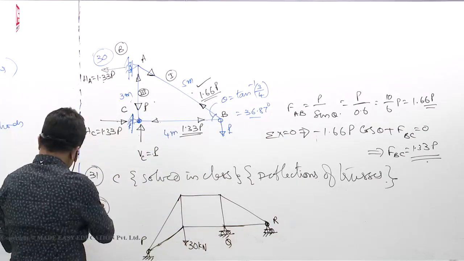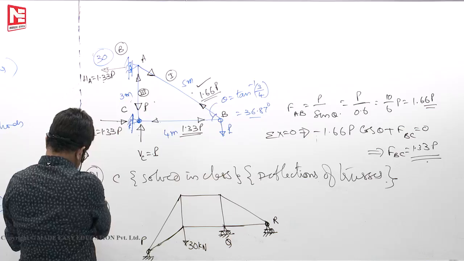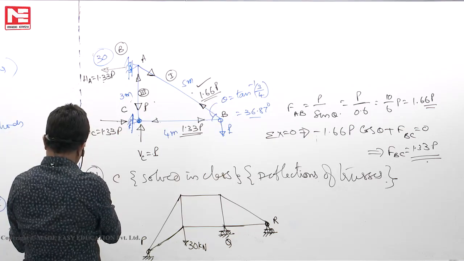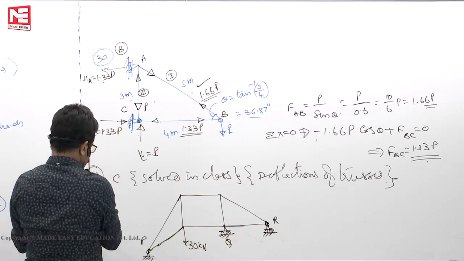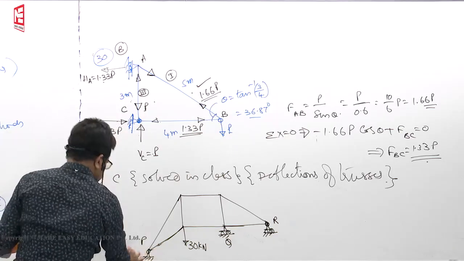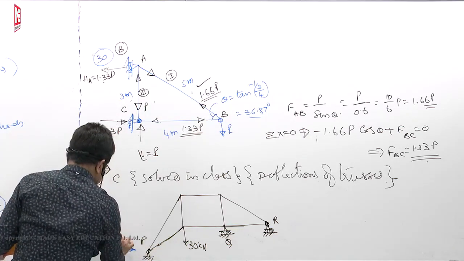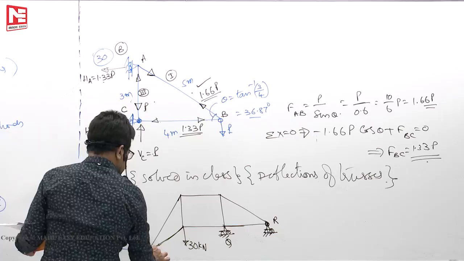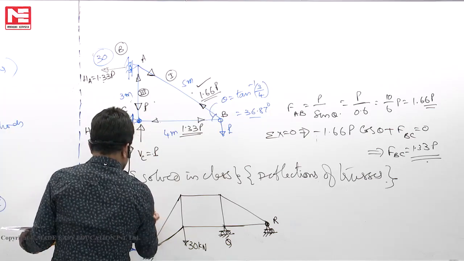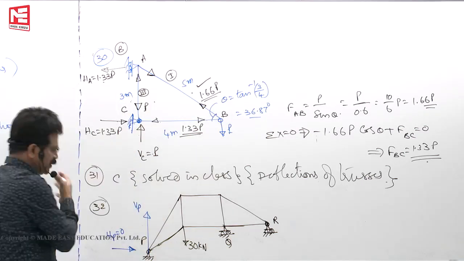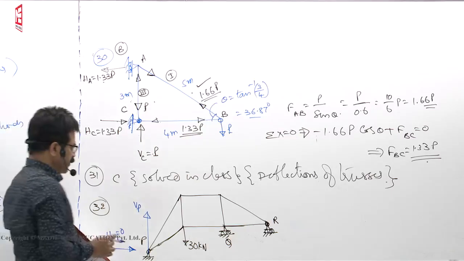That's all. Okay. So now there is no horizontal action. See here, that means HP is equal to 0 here because there is no action. Then VP, vertical reaction at P, you have to take it. Some force is there, say. Okay.